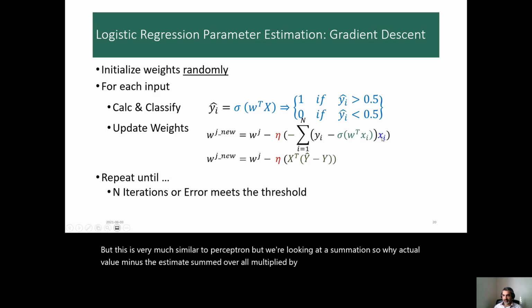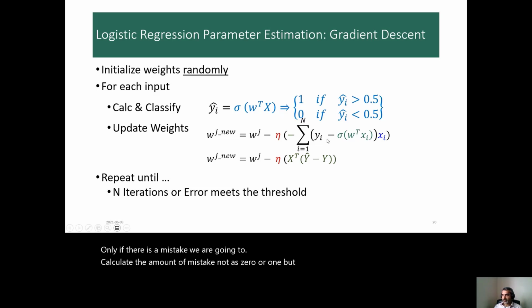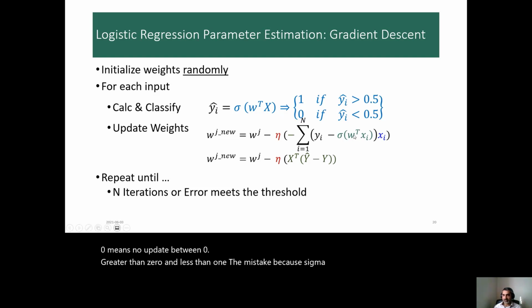If there is a mistake, only if there is a mistake, we calculate the amount of mistake not as 0 or 1, but it will be between 0 and 1. 0 means no update. Greater than 0 and less than 1, the mistake, because sigma will return some number between 0 and 1.